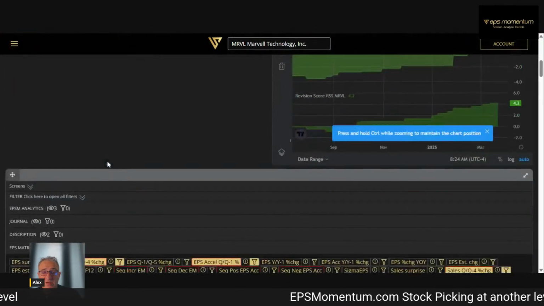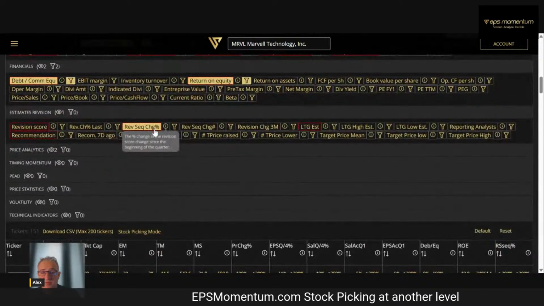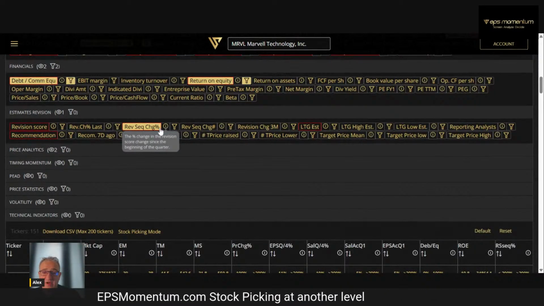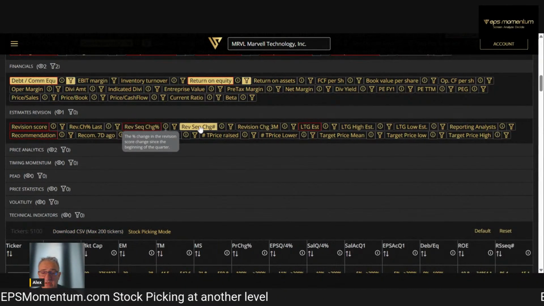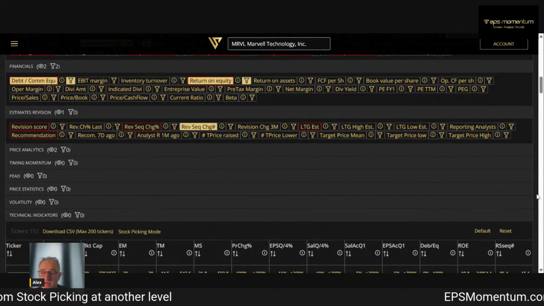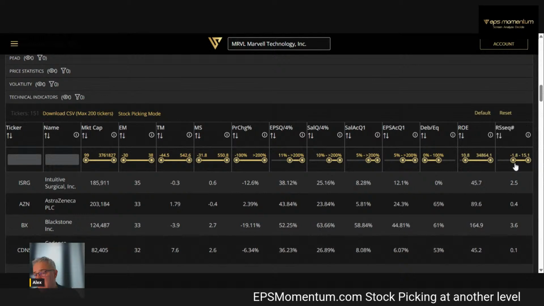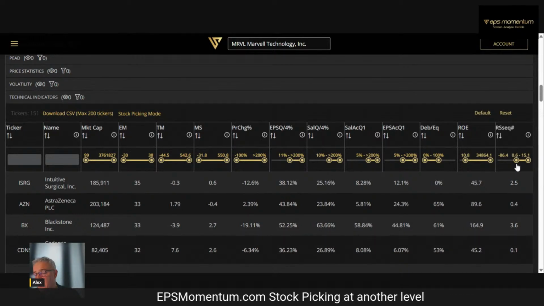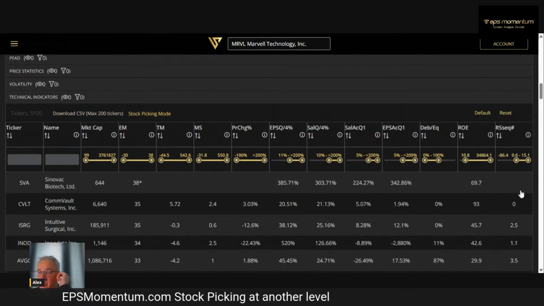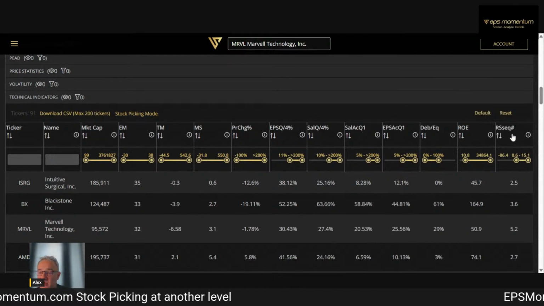What I like to do is look at the percentage change, but I like to look at the actual value change, because this doesn't take into account any previous value. It's really raw, and it tells you how far analysts have increased their estimates.